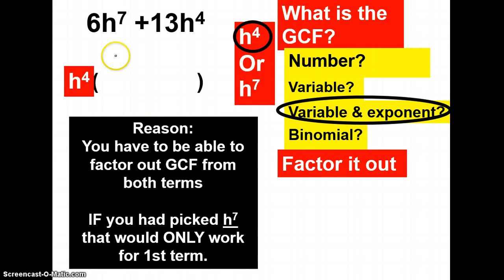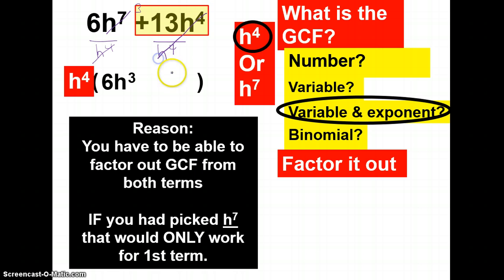Let's factor that out. So H to the fourth cancels, and that becomes H to the third. If I divide out H to the fourth here, then I'll have that, plus 13.